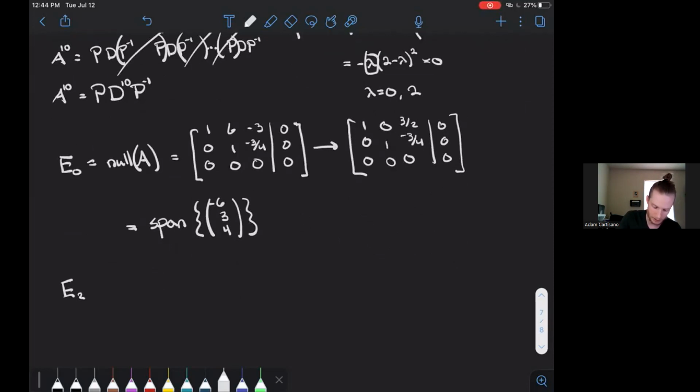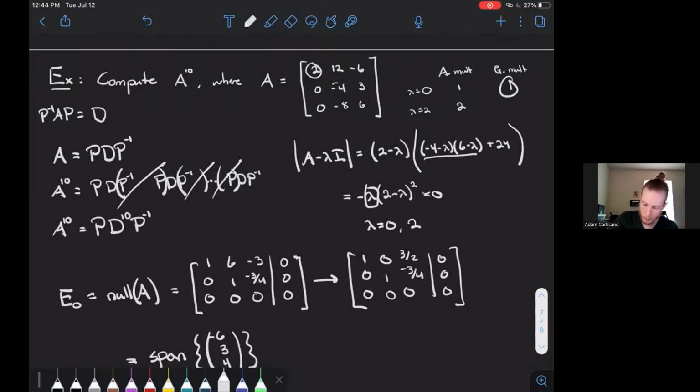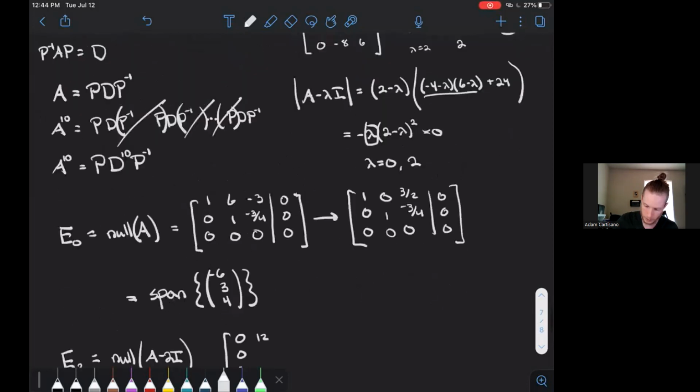E2. Okay, this will be fun. This is going to be the null space of A minus 2I. So let's write down the matrix that we're going to want. I'm going to subtract 2 from the main diagonal of A. So, oh great, 0, 0, 0, 12, -6.